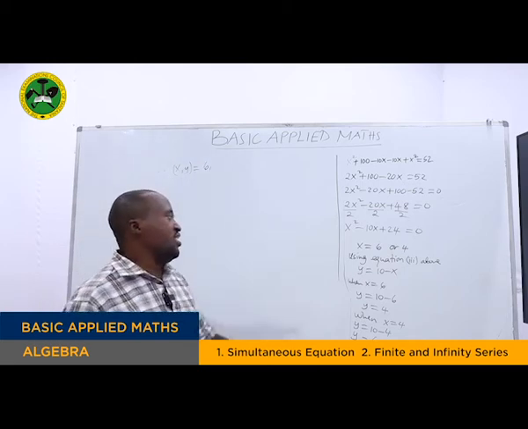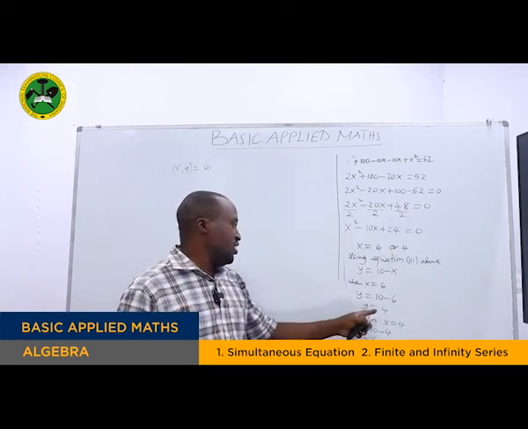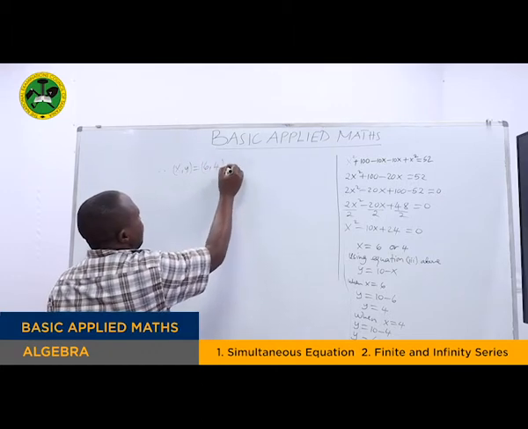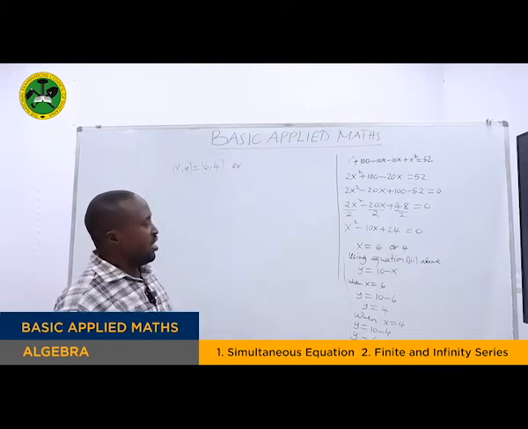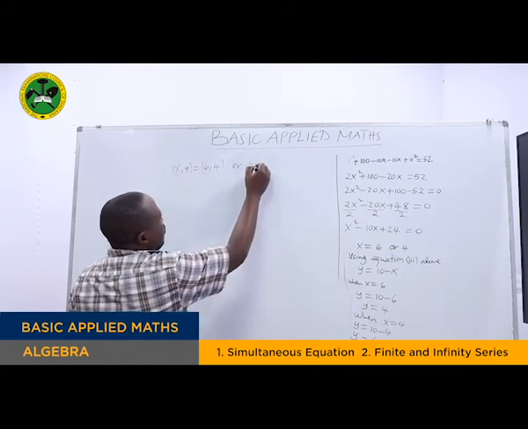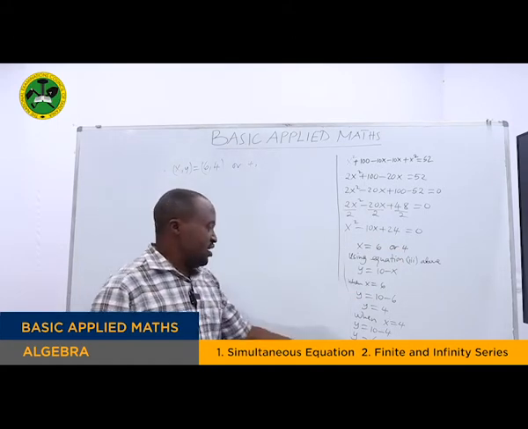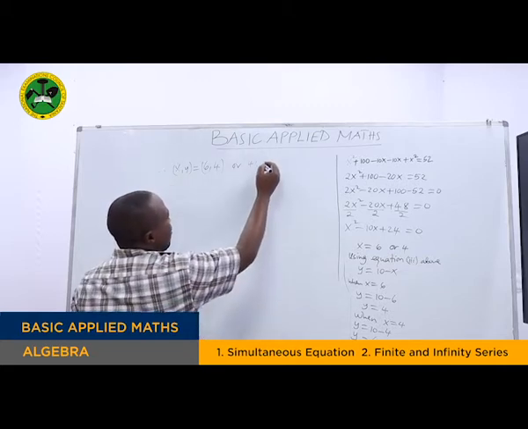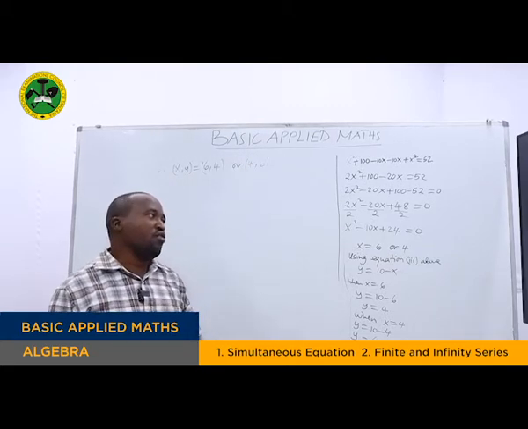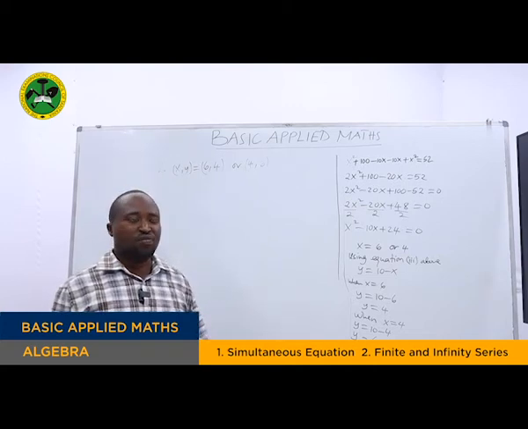When x is 6, y is equal to 4, that is 6 comma 4. Or again, when x is 4, y is equal to 6, that is 4 comma 6. Now, this is the solution for such kind of a problem.